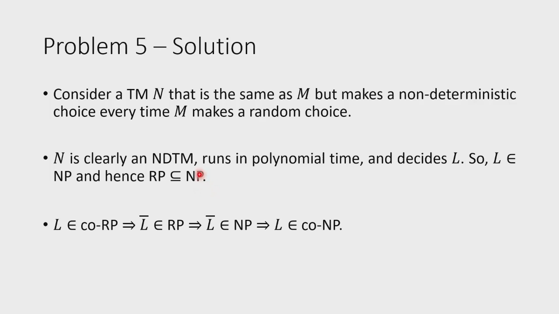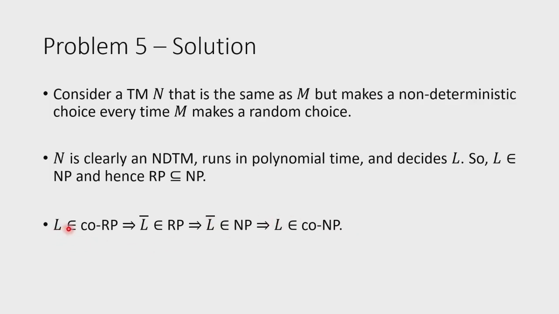Now using a very similar argument, you can also show that co-RP is in co-NP, but there is a much simpler way of doing it. Once you have established that RP is in NP, you pick a language L in co-RP. We know that if L is in co-RP, then its complement is in RP. But because RP is in NP, this means that its complement is in NP, which means that the complement of the complement, which is the language itself, is in co-NP.